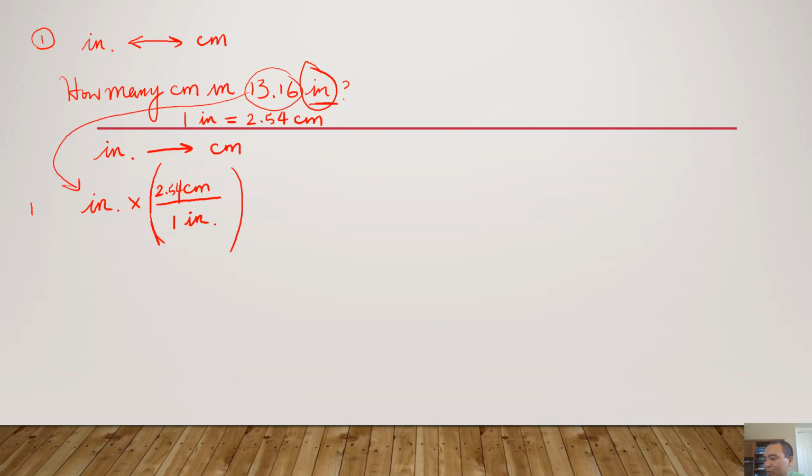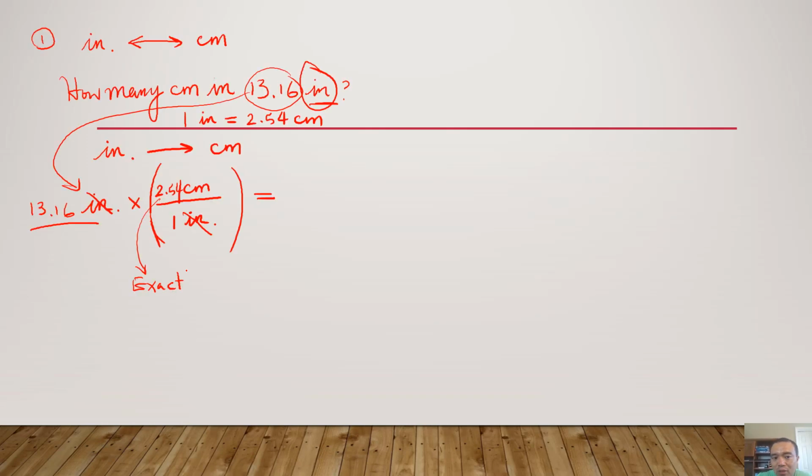We want to convert this 13.16 inch, okay, into centimeter. So inch over here is cancelled out. Do remember 2.54, this number happens to be an exact number, which means in the consideration of sig figs, 2.54 would have indefinite number of sig figs.